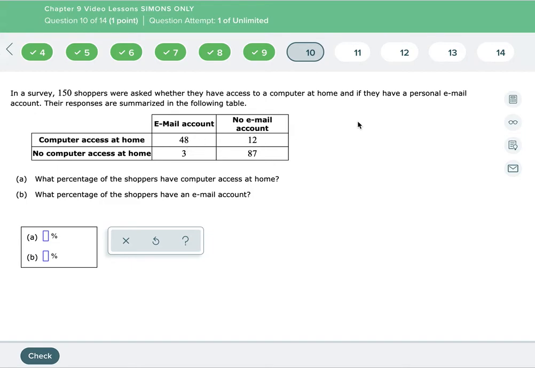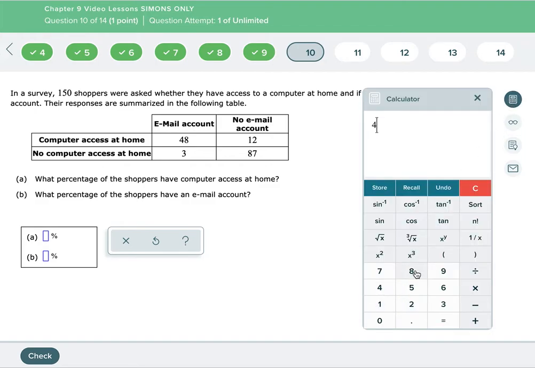So go up to our calculator, 48 plus 12 equals 60. So 60 people total have computer access at home, but it's 60 out of 150 total.